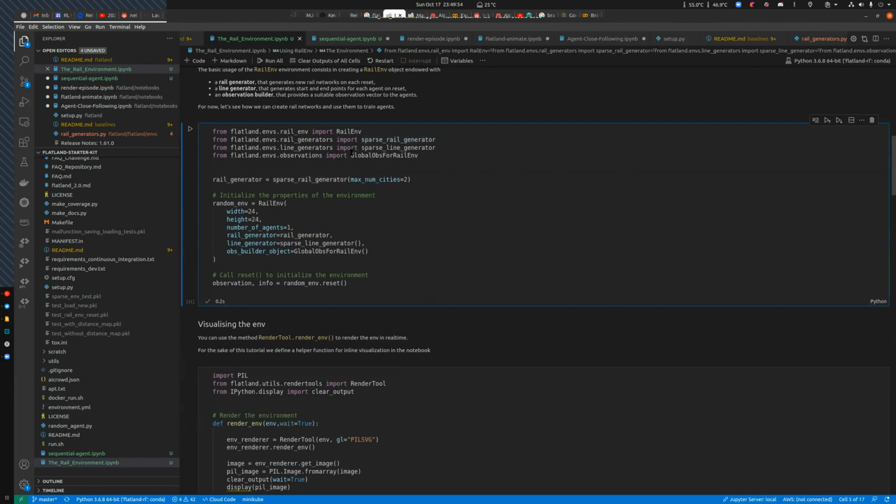As you can see, this is a simple flatlands.environments package in which we have all the major classes.